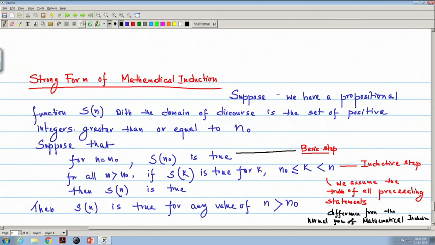And many times this strong form of mathematical induction is very useful to prove some complex problems. Now, we see some examples and how actually strong form of mathematical induction can be utilized.